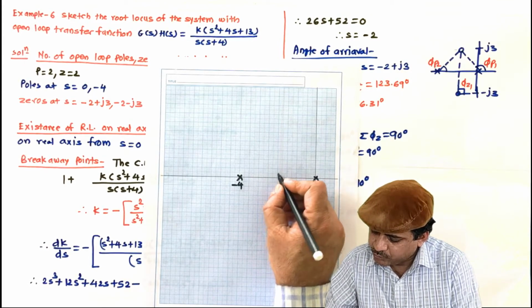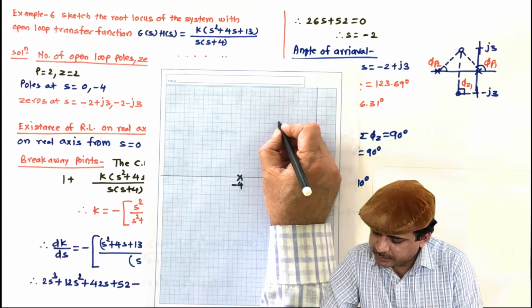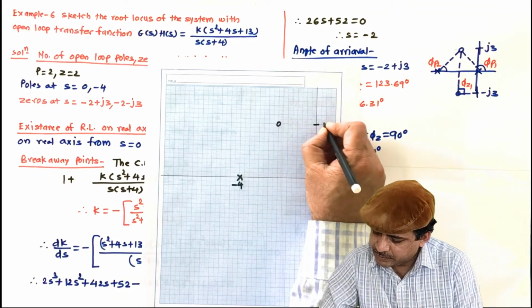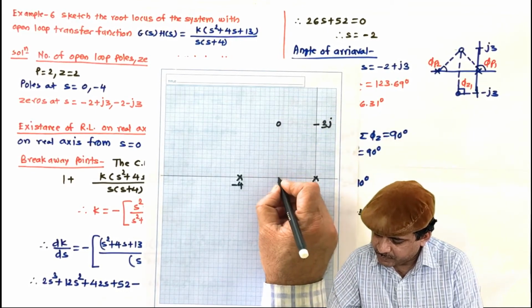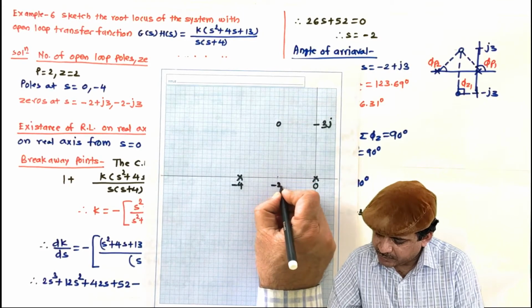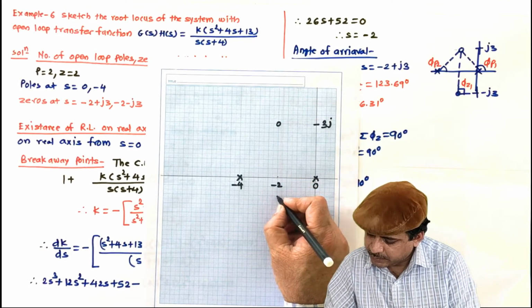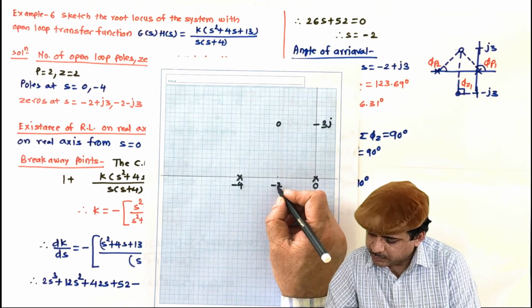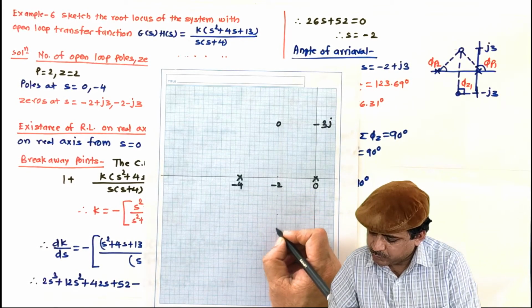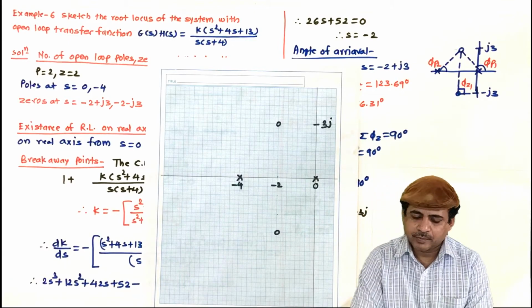This is minus 2. 1, 2, 3. 0 is here. So this is 3j. This is minus 2. Again 1, 2, 3. It is here.